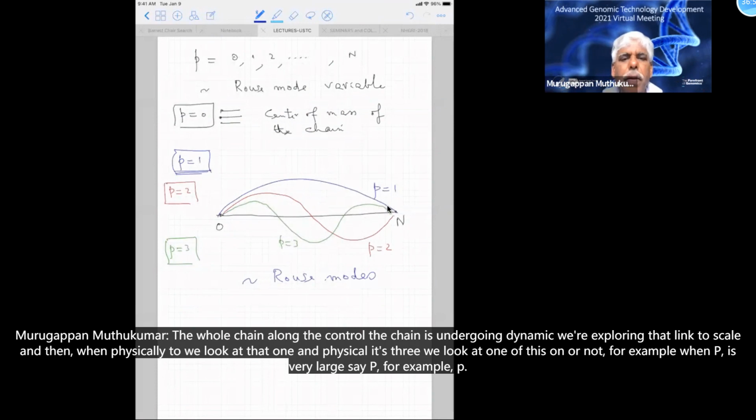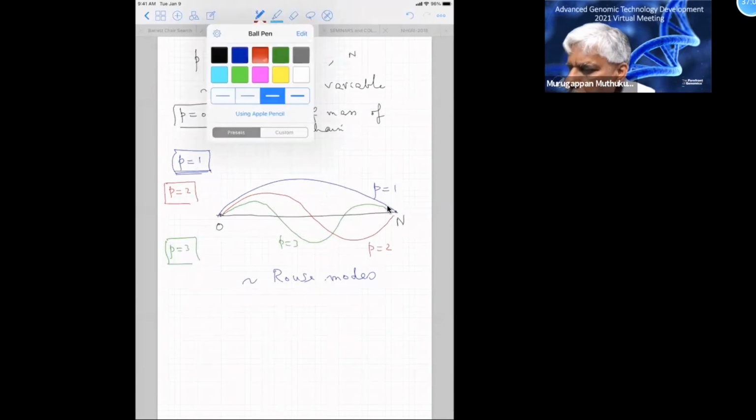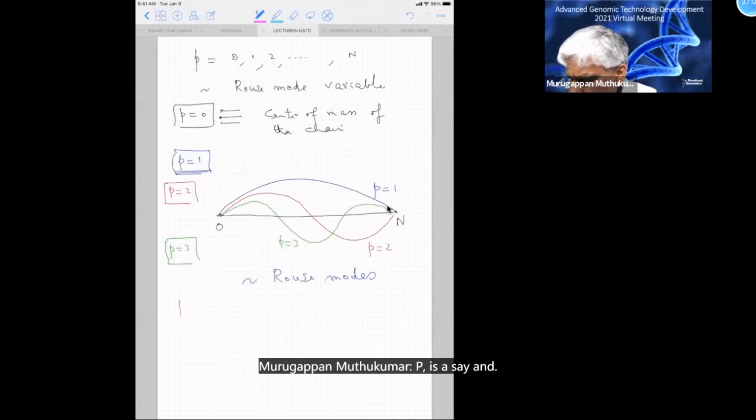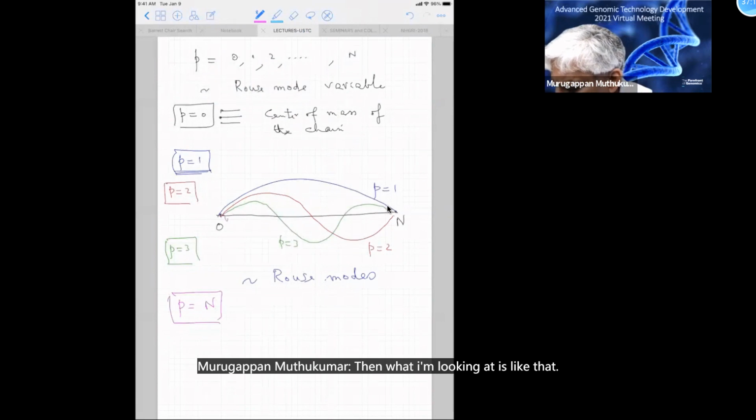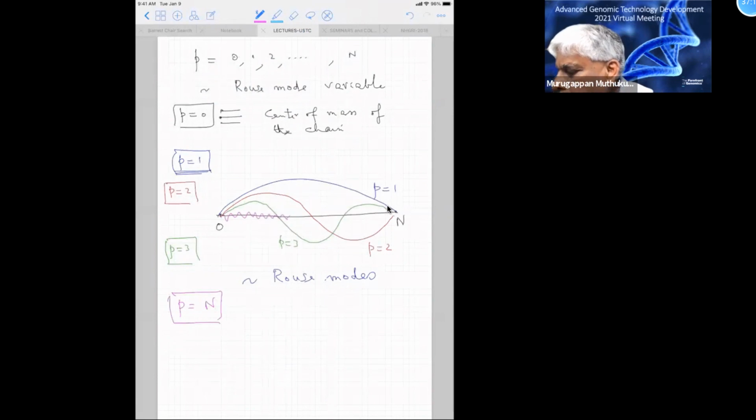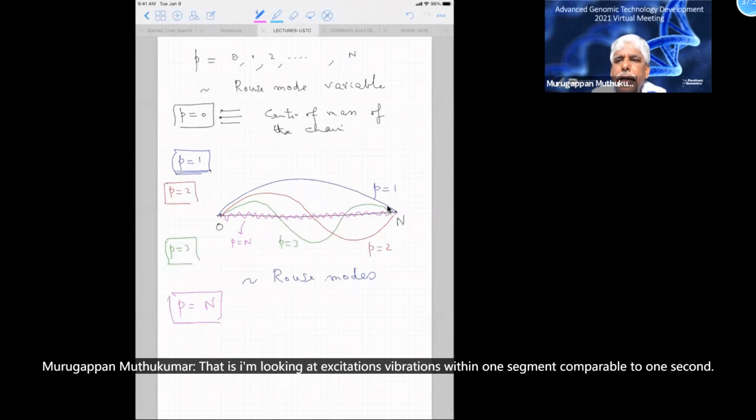For example, when P is very large, say P is N, then what I'm looking at is like that, and that is P is equal to N. That is, I'm looking at excitations, vibrations within one segment, comparable to one segment.